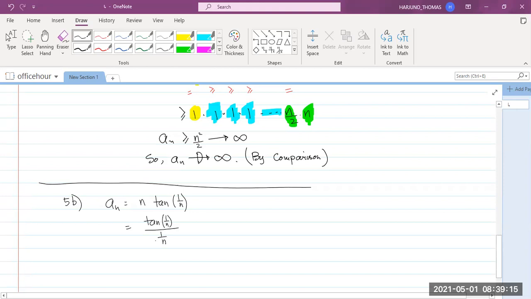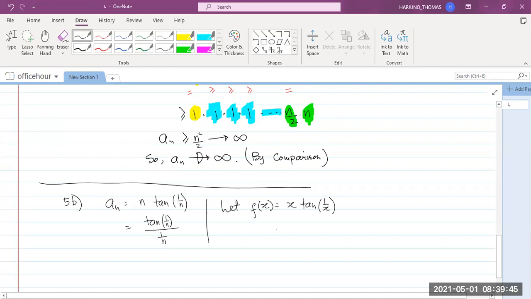Could you change 1 over n to a different variable? Yes and no. You can change to another variable, but you need to define that as a new function, the superposition function. So you say let f(x) equal x tangent 1 over x, like that.